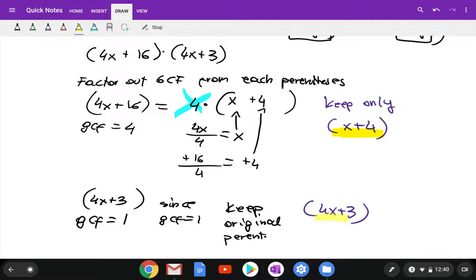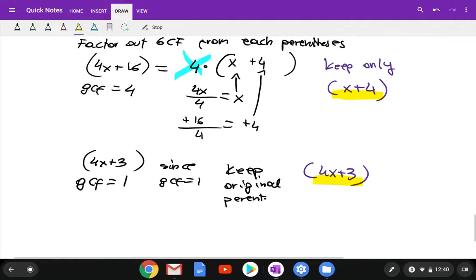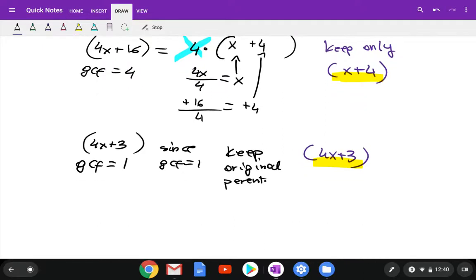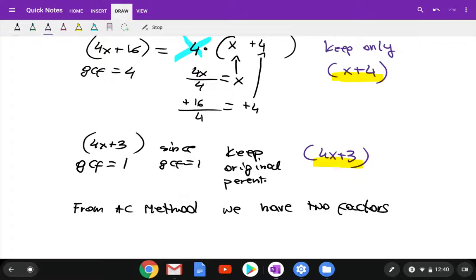Okay, so we have it. So from AC method factoring, we have two factors. X plus 4 times 4x plus 3.